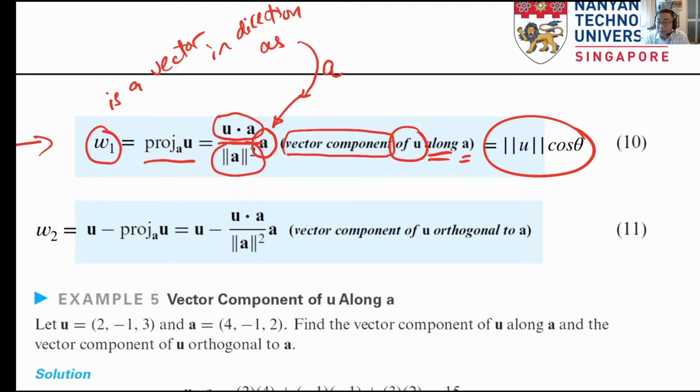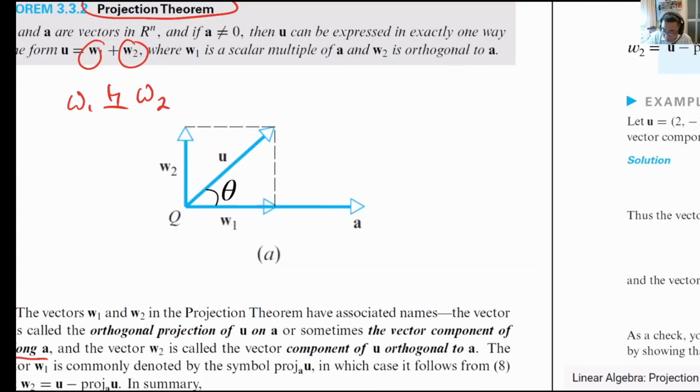Actually, there's another easier way to see this. It is nothing but this value. This is the vector component value of u on A. What I mean is this length, the norm of w1, can be represented as cosine theta equals the adjacent over the hypotenuse.